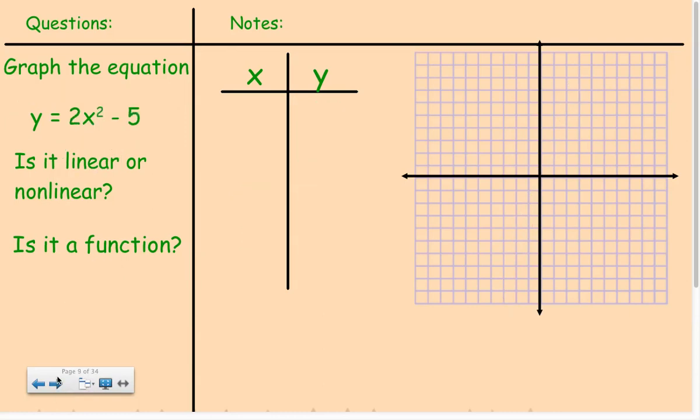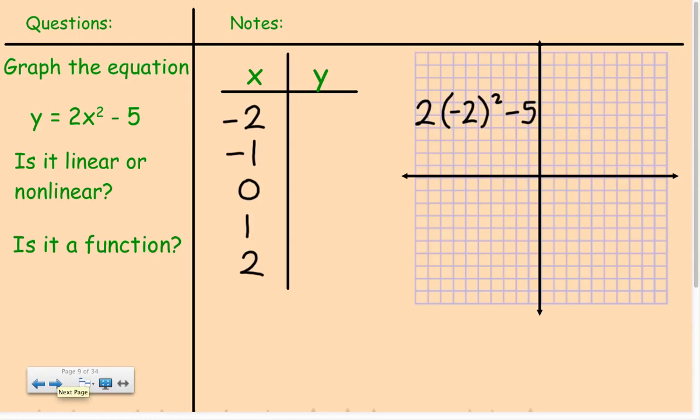Number 2 on your homework is 2x squared minus 5. Again, I'll put my x values in, -2, -1, 0, 1, and 2. 2 times -2 squared minus 5. Now you've got to think hard about this one. We know we have to do PEMDAS, so you've got to think about, what do I do first?